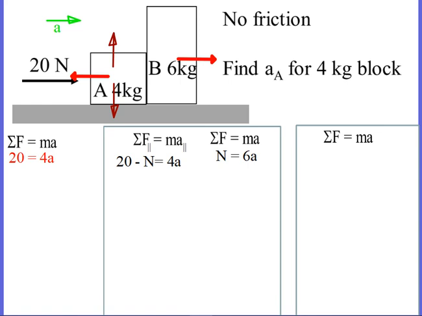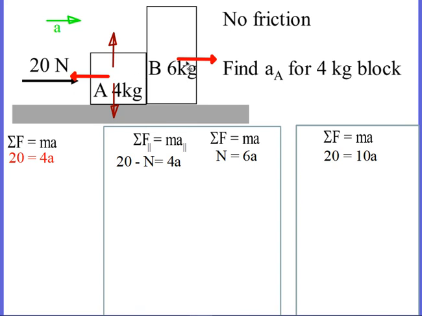I point out that you could do it much more easily by choosing as your body objects A and B together. And then the only force acting parallel on objects A and B together would have been the 20 newtons. There was no friction force going backwards.